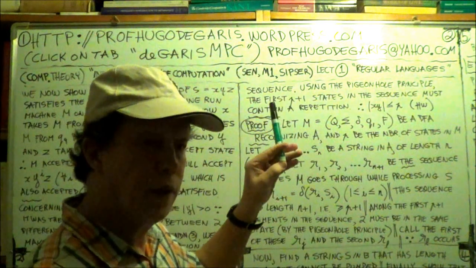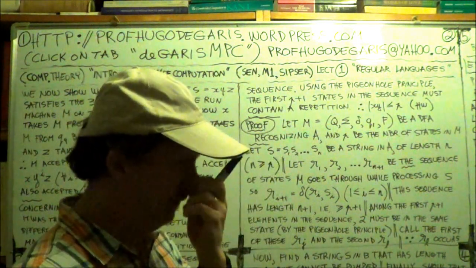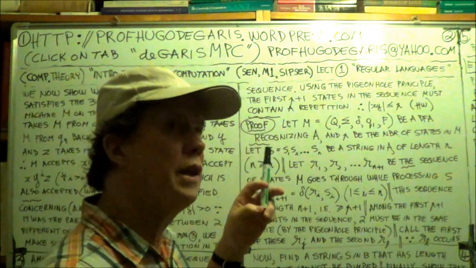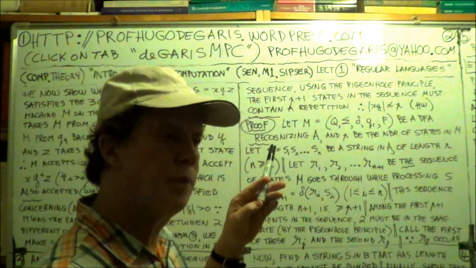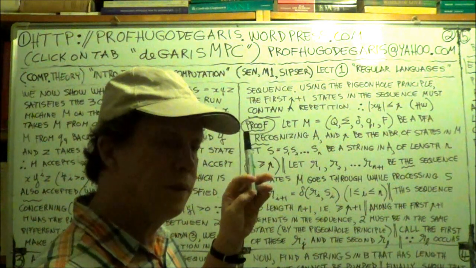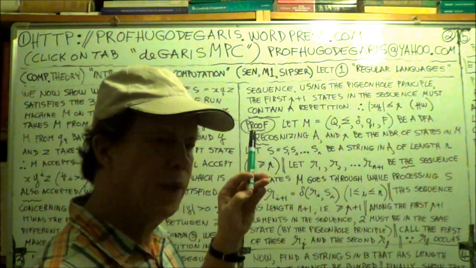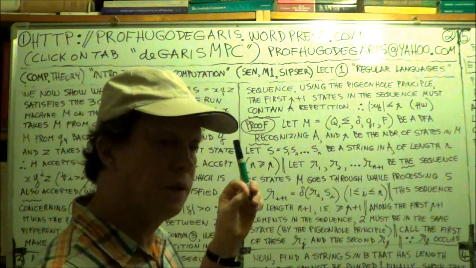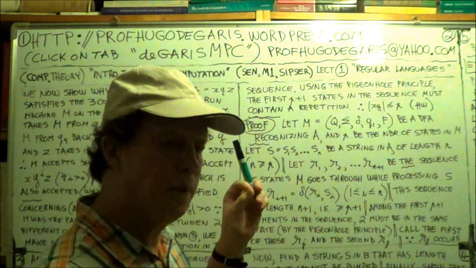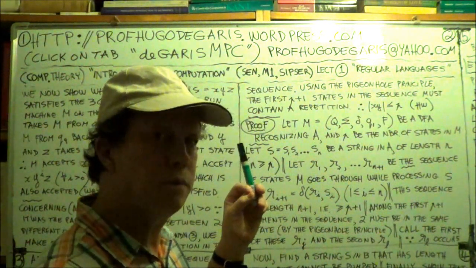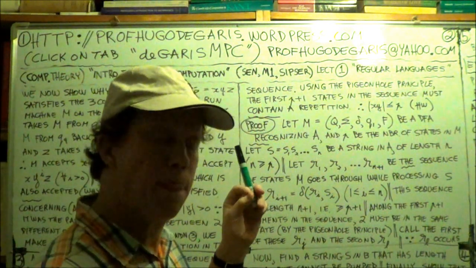Okay, and so if we let n equal p, I'm thinking real time here, so let p be the number of states, and let the length of your input string also be p.